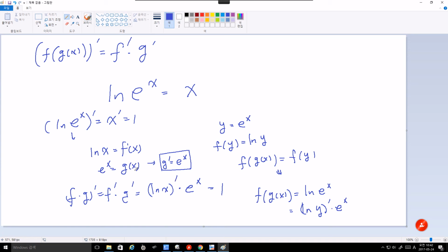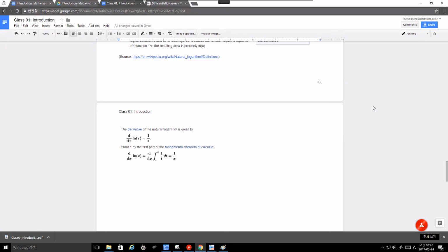Because g prime is the same as this one, this should be equal to 1, and then this e^x is y, so ln y prime times y equals 1, so ln y prime is 1 over y. So we just proved it. It is another proof. We can use the chain rule to again show that the derivative of the log function is 1 over x.